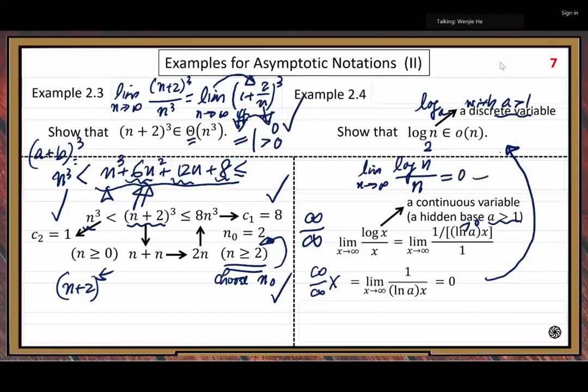Then our conclusion, because that's the meaning of little o. So we solve this problem completely in this way. Just another review. All right. So that's the last 2 examples in part C. Next, we have 3 more examples.